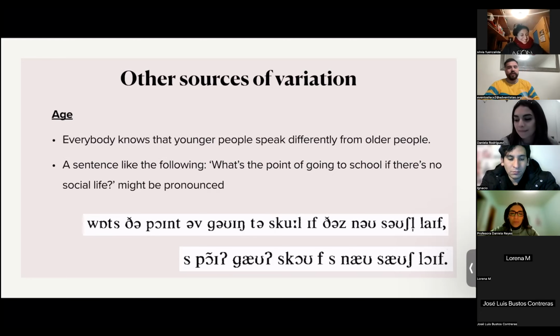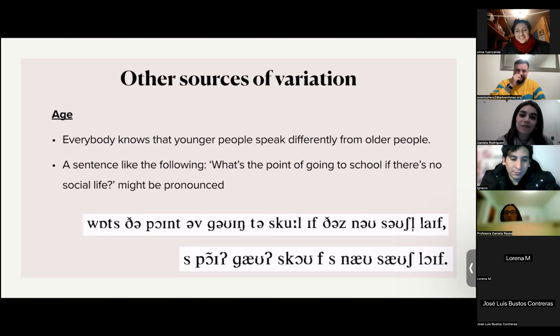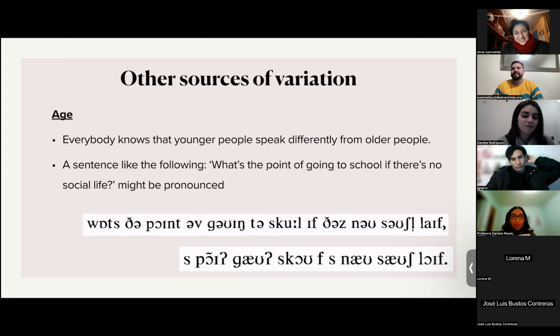Okay, who wants to give a try to this transcription? Come on, just give it a try. A la primera sí nomás. Sylvia, you can pronounce the first one.